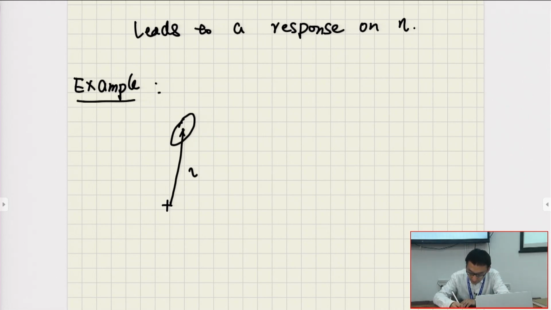So that would be x. But that's not sufficient. We need to specify the orientation of this ellipsoid as well, right? So we can do that by attaching a body fixed vector to this ellipsoid. So these two coordinates would define the configuration of this ellipsoid at a given time. Does that make sense?